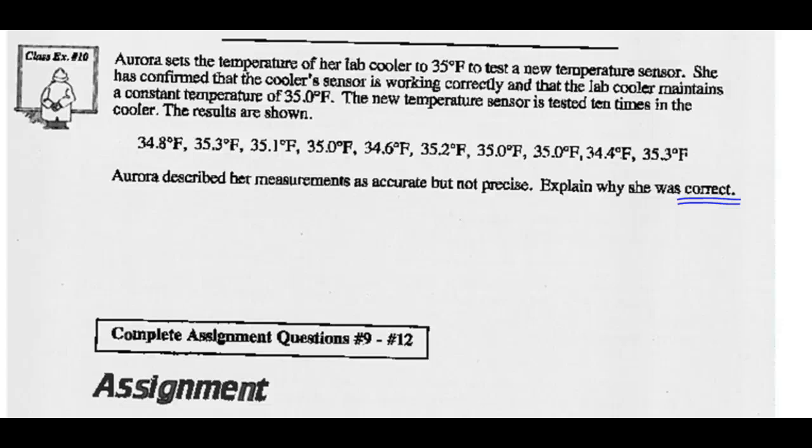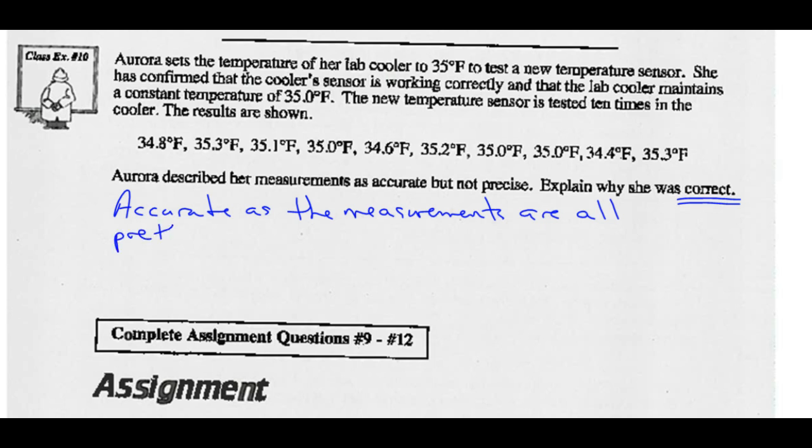Well, the accuracy should be near 35 degrees, right? And all these measurements are centered around 35 degrees, so we would say that's pretty accurate. So accurate as the measurements are all pretty close to 35 degrees.